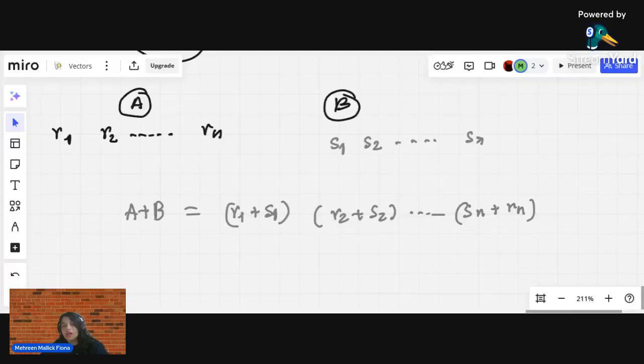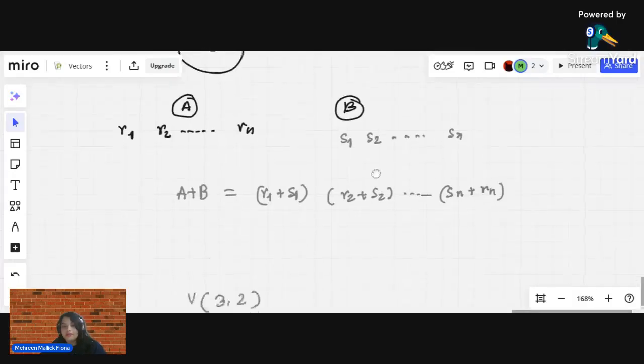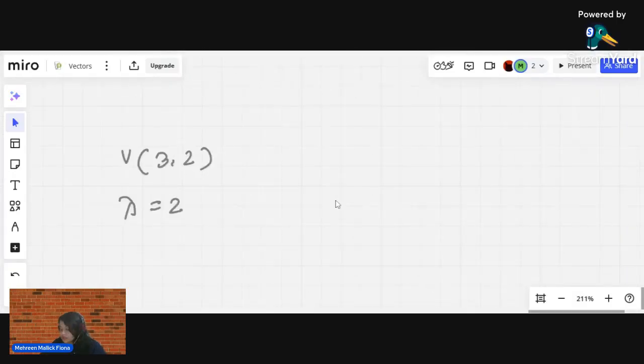And if I want to show you a short operation, the scalar operation, let's say I have a vector v (3, 2) and I want to multiply it by a scalar 2. Then the resulting vector must look like (6, 4).